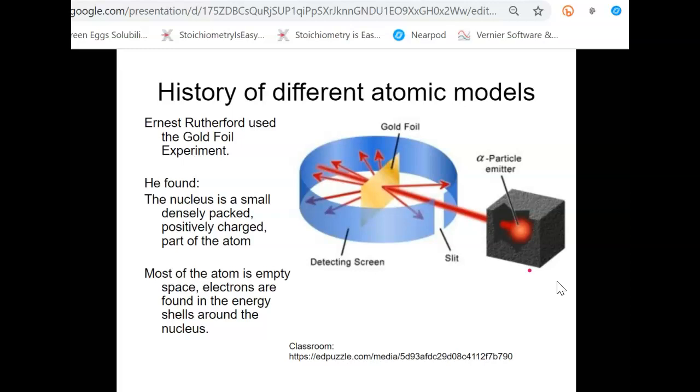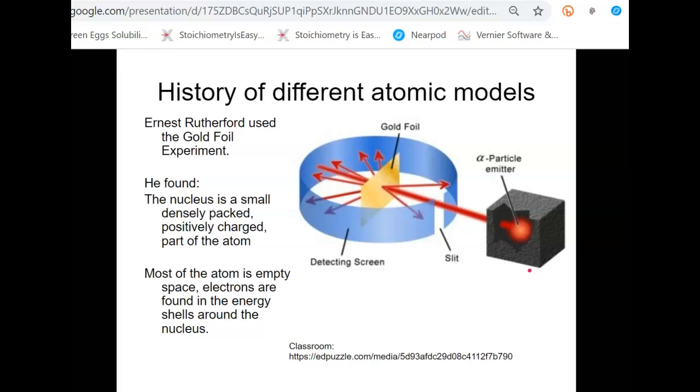And the only thing he knew of that would repel positive was another positive. So that's where he came up with the idea that because very few of these particles were shot back in the opposite direction, the nucleus is small. It must be densely packed, it must be positively charged, and the rest of the atom is simply empty space.